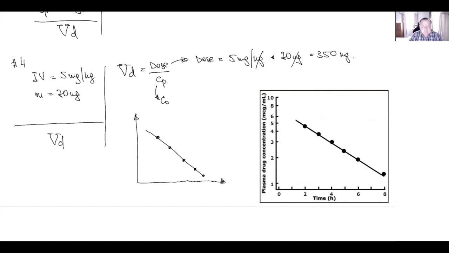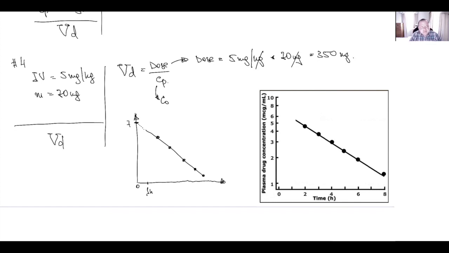But actually, you see they started measuring plasma concentration around 1 hour after infusion, and we need to find it at 0 time. So what we should do, we should extrapolate this chart and prolong it to the intersection with the y-axis, and this intersection will be at the level of around 7.